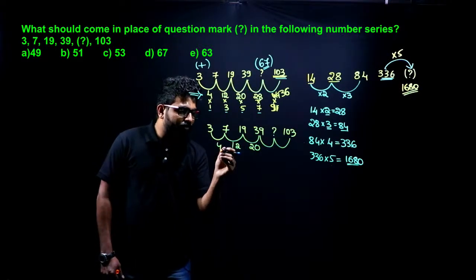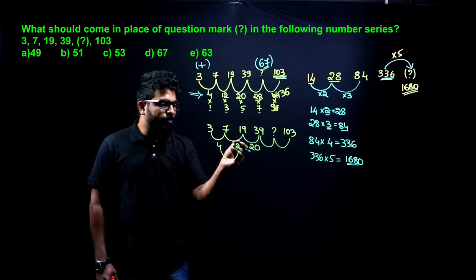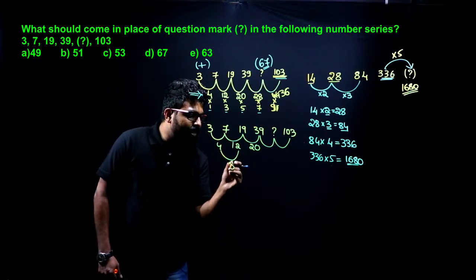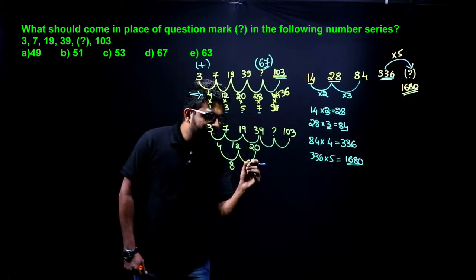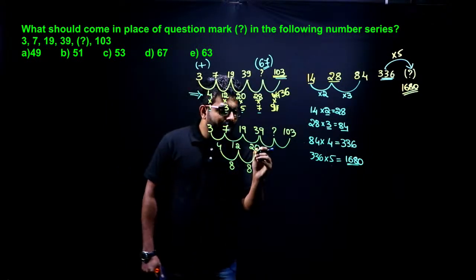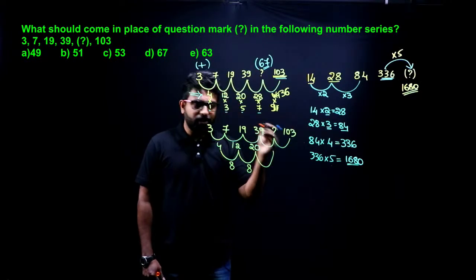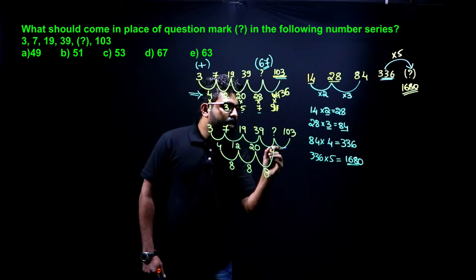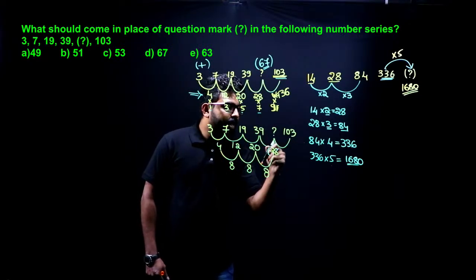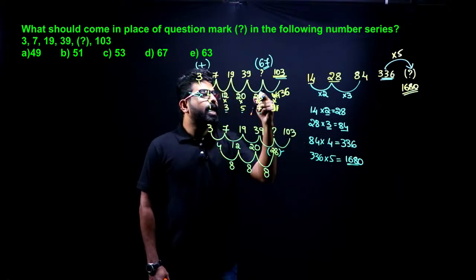When I move to the second series, again I start taking the difference. What is the difference here? It is 8. What about 12 to 20? Again my difference is 8. So what should be my next difference here? Next difference should have been 8 again. So 20 plus 8 gives me 28. I should have got 28 here. That's the same answer which I'm getting here.